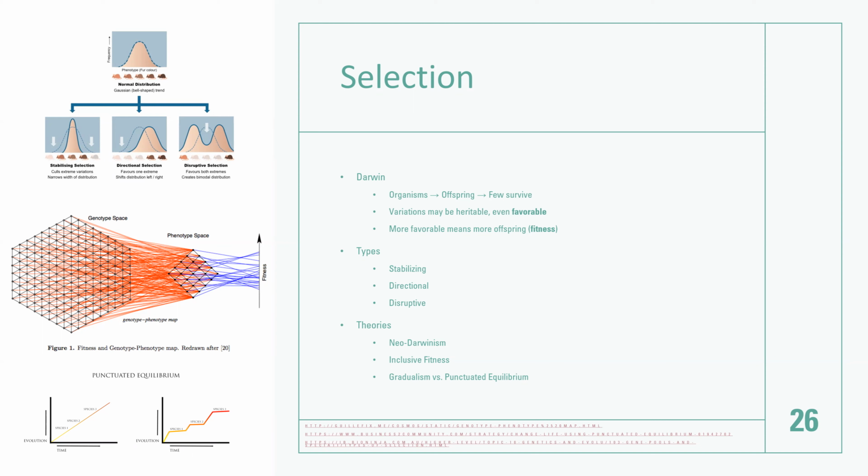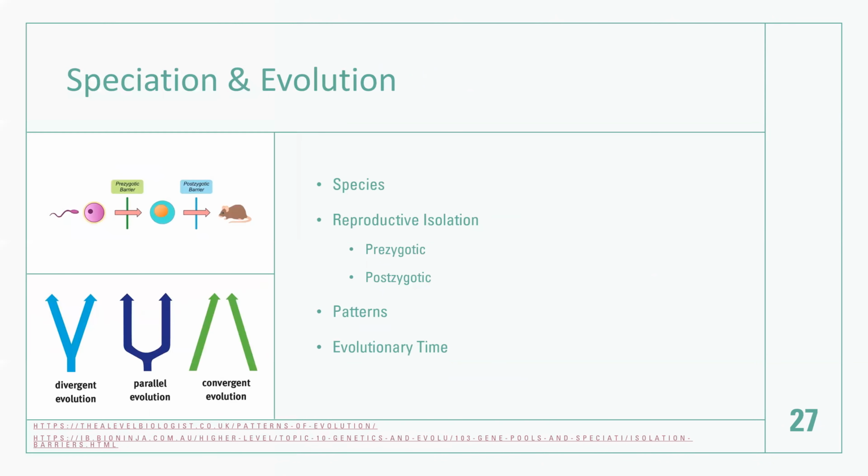And then after a long time, slowly creating another new species, and so on and so forth. Punctuated equilibrium, on the other hand, said that species were mostly stable, and in sudden changes or events, they suddenly evolved rapidly and created a new species. And that really is important when we consider the next slide here, which is speciation and evolution.